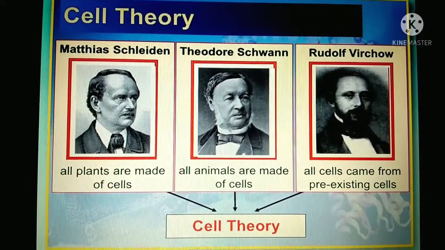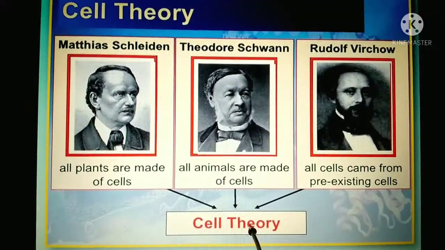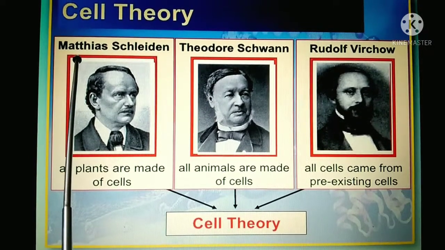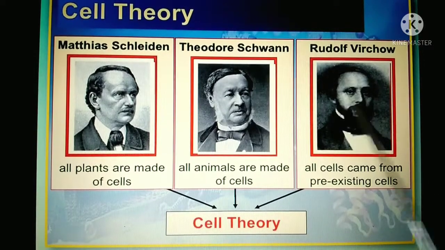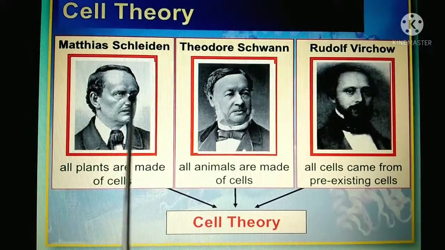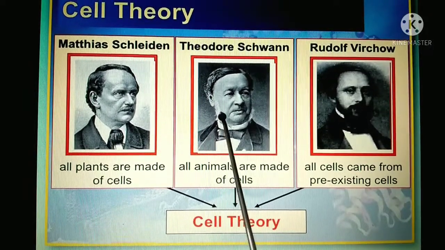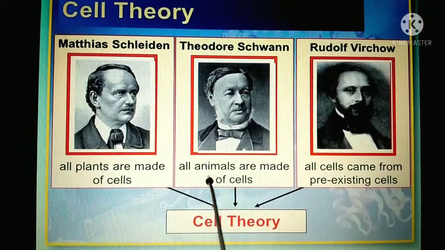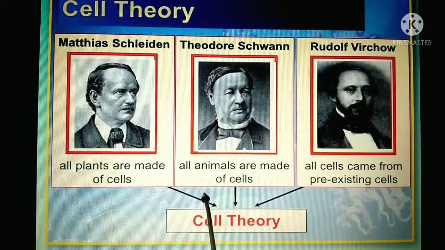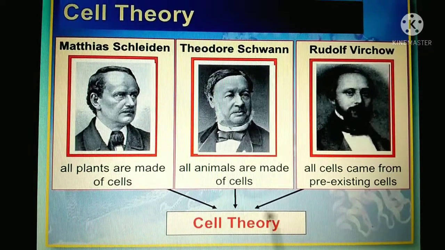After the discovery of the cell, the cell theory was given by various scientists: Matthias Schleiden, Theodor Schwann, and Rudolf Virchow. Schleiden proposed the idea that all plants are made up of cells, whereas Schwann independently asserted that all animals are made up of cells, and both plants and animals jointly form the basis of cell theory.